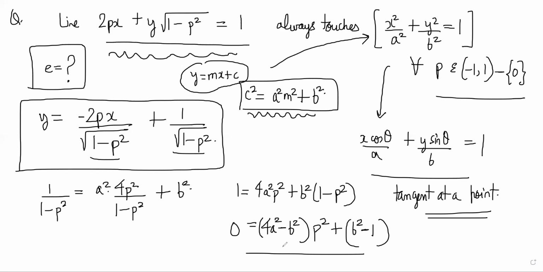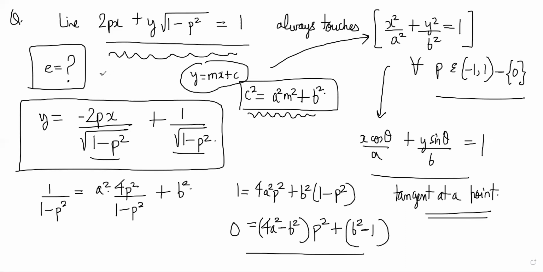Hmm. I mean, if you put that, then obviously it will come, but I don't understand why this has to be true though. b square minus 1.